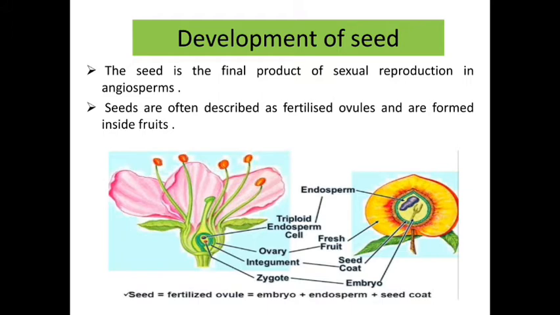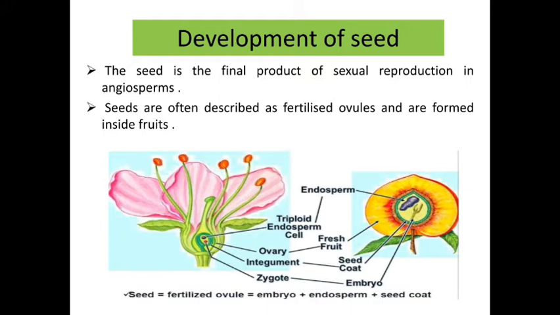Now can you see here the triploid endosperm cell, which was formed during double fertilization. So the products of double fertilization were the triploid endosperm cell and the zygote.